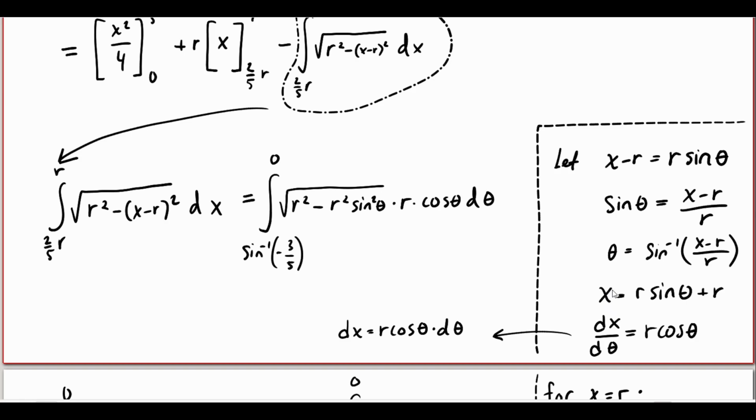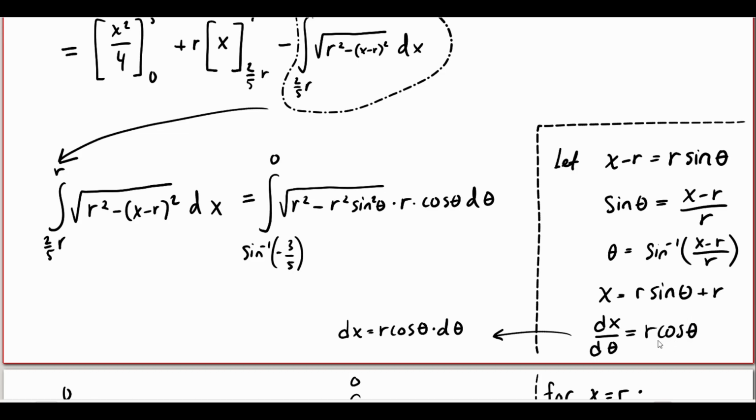But we can also solve for x. So x equals r times sine theta plus r. And then we can compute the derivative of x with respect to this angle theta. So dx d theta equals r cos of theta, because the constant becomes 0 and the derivative of sine becomes cosine.